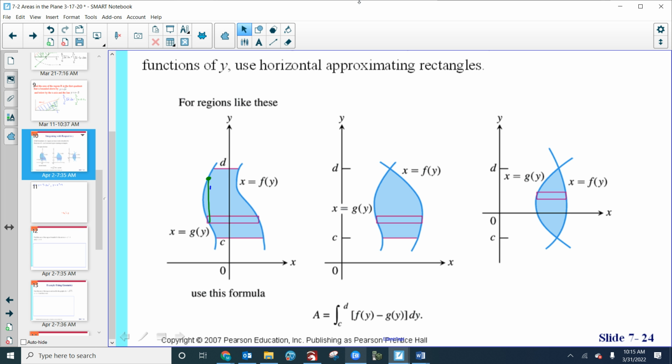What do we call the width of every rectangle? We built it up. What was the width of every rectangle? Half, fourth, eighth. What do we call that? The change in x, right? Wasn't it delta x for a while? And then if you have enough of them, it turned into a dx.